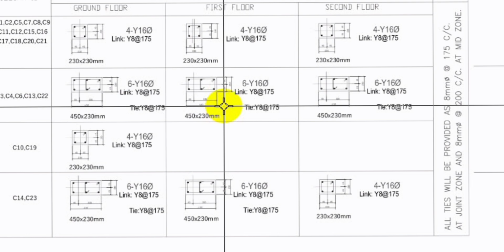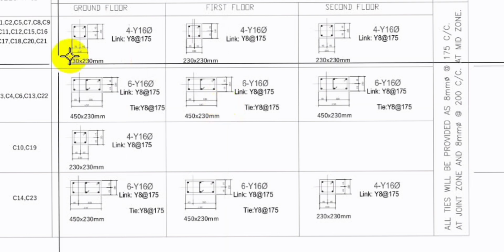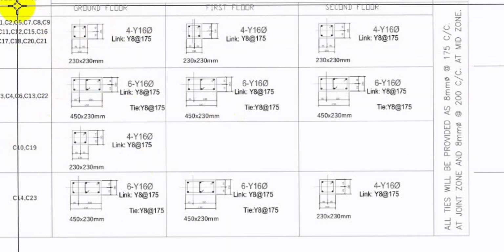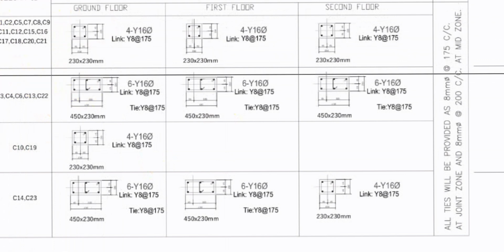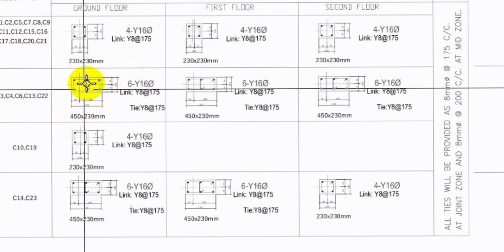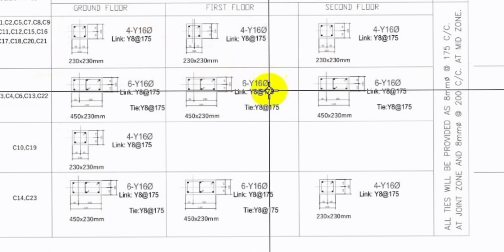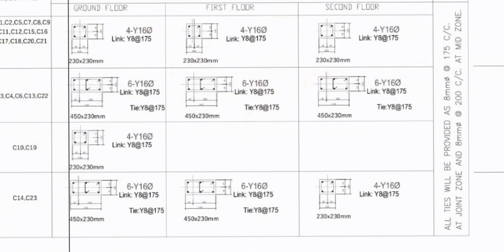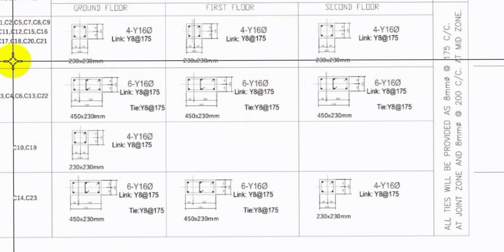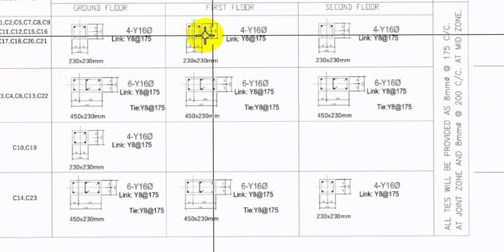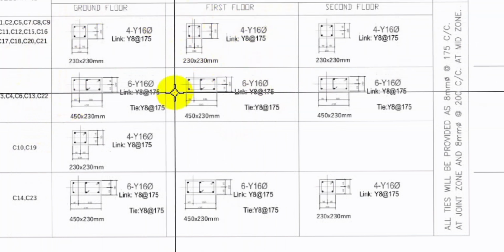So you could decide to go to your plan and figure out how many of this C1 are there, the column ID or whatsoever. You could figure out how many of them are there in first floor. But I'm just going to use this to determine the number of the columns that I already have on my first floor.